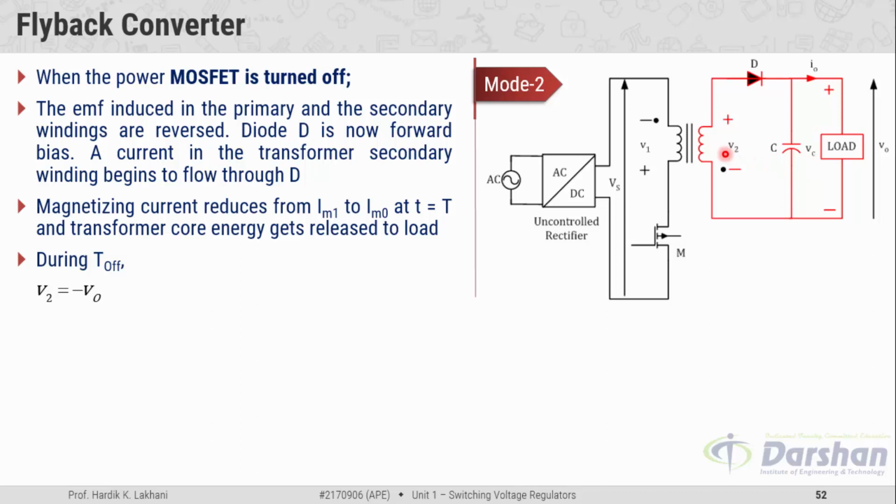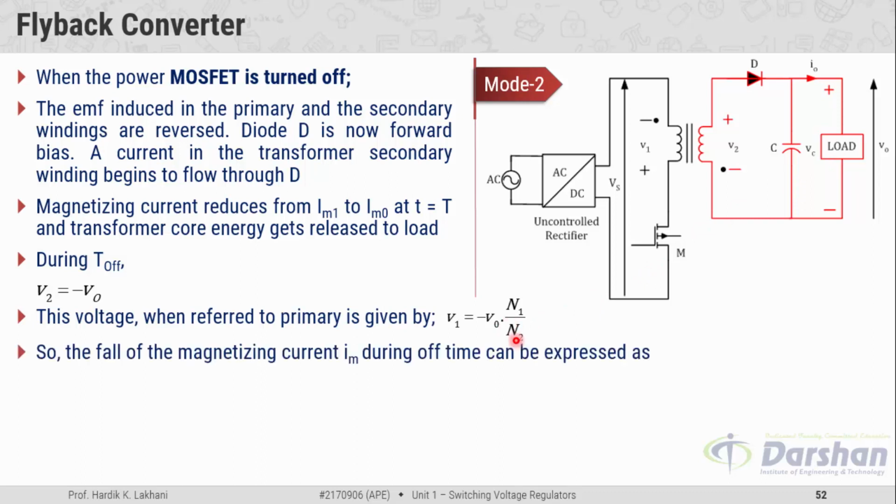When we apply KVL in this loop and make V2 the subject of the equation, we get the voltage across the secondary winding is equal to minus output voltage. From that we can easily find V1 using the voltage and turns ratio relationship. So V1 is equal to minus VO into N1 divided by N2.